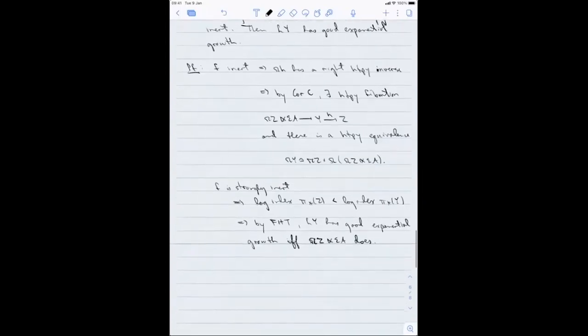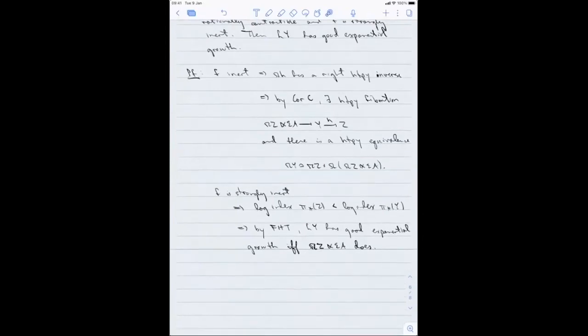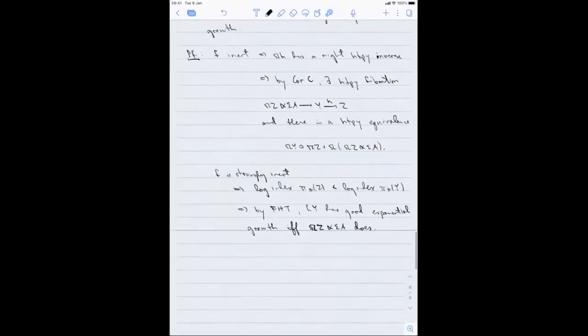All right, so if we want to show that the free loop space on Y has good exponential growth in rational homology, it's equivalent to show that this space does. Right? But rationally, any suspension is homotopy equivalent to a wedge of spheres.